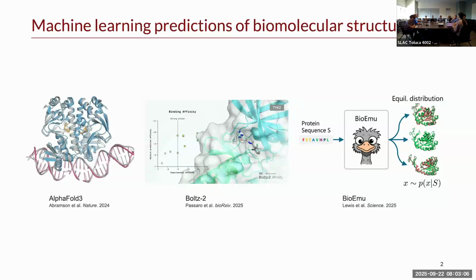Meanwhile, on the experimental technique side, we also have a lot of developments going on that includes both the throughput, we have more data coming in, but also the quality of data that we're getting. So I'm going to talk on the crystallography side because that's what I work on here at SLAC.